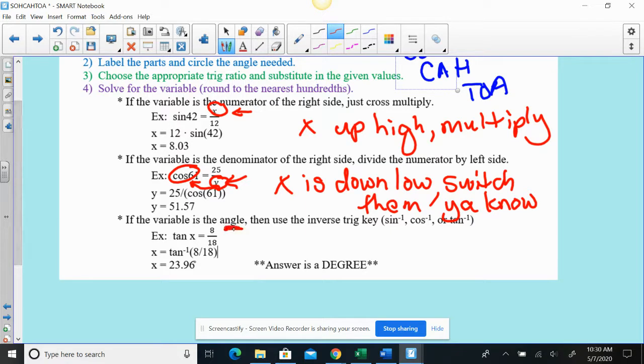If you are solving for an angle, you want to make sure you're going to use that inverse. Remember, inverse gives you the -1 there. So before you press the sine, cosine, or tangent, you're just going to hit the second button. Mine's blue. Most of y'all have a blue one, but that will let us hit the inverse of sine, inverse of cosine, inverse of tan.